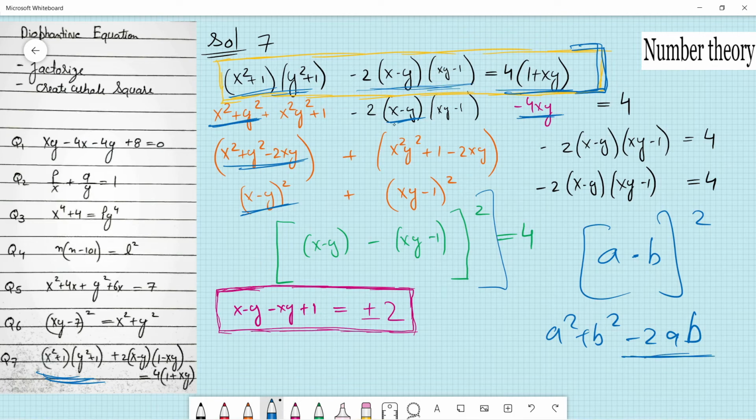So what if this is a of this whole square and this is b? I can clearly form a square. If this is a, we call it a, I can form a square when I saw this and this. Then I thought to myself, what if I could also form this term square?